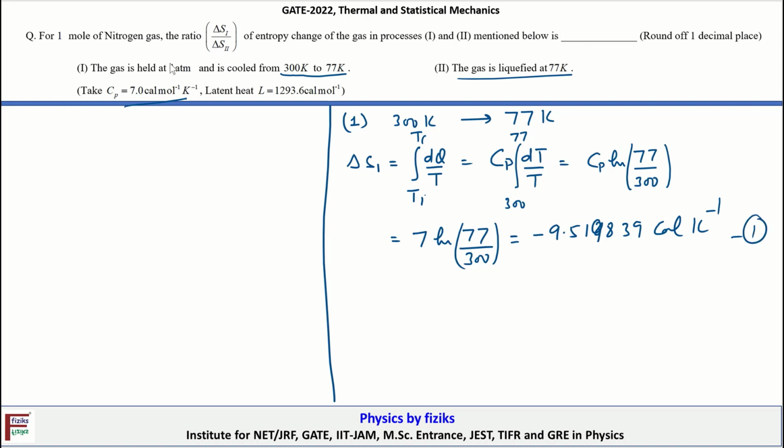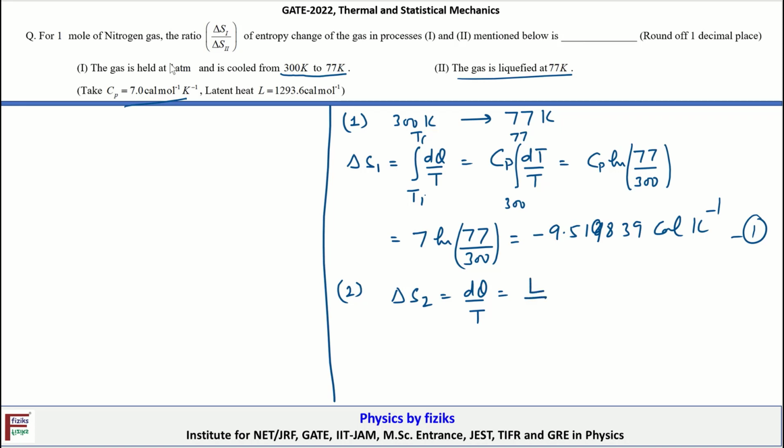Now for process 2, which is taking place at constant temperature, the corresponding entropy change delta S2 is equal to dq by T. It's not Cp delta T, but it is the latent heat, because the process is taking place at constant temperature.